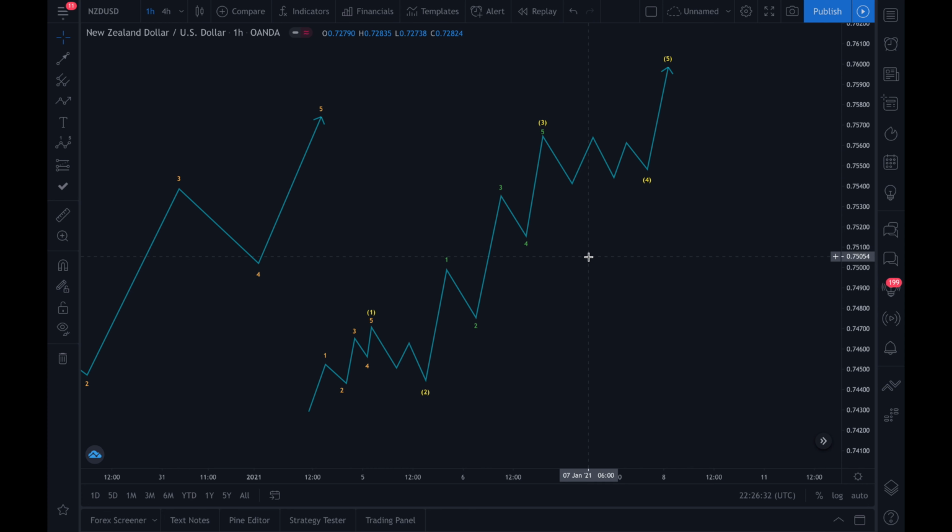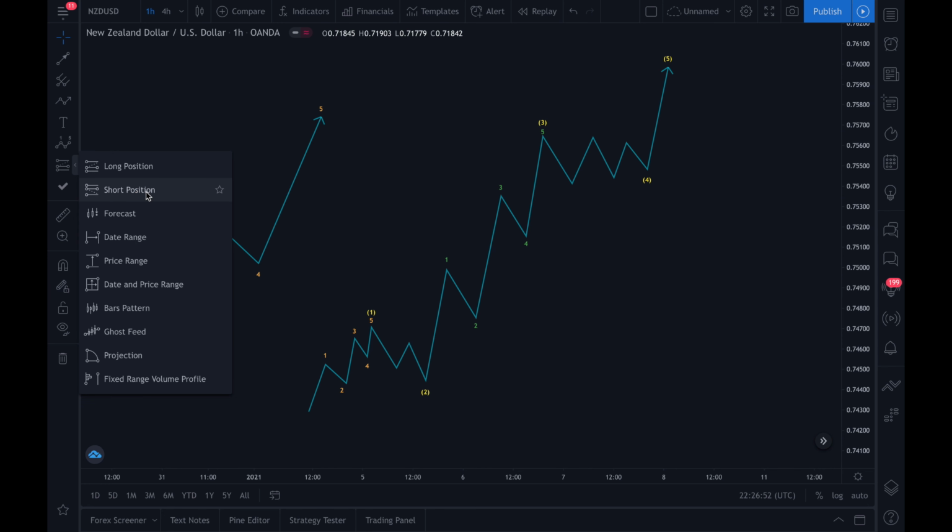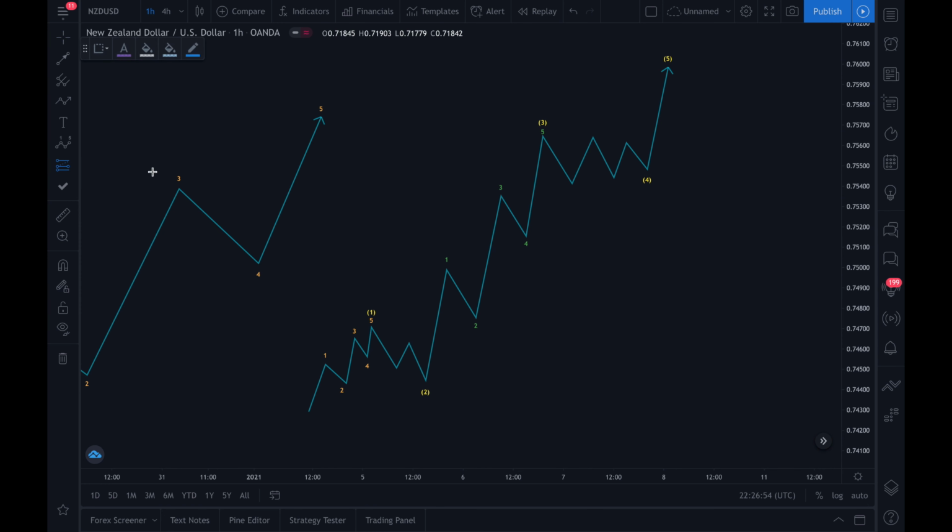So essentially, where would our preferable price point have been to take a long entry? This is how we trade the A&A Pinnacle strategy. We trade on wave 3. We know that we're going to get a very big expansion after this contraction of wave 2. So we would like to enter at the end of wave 2 with a long position.